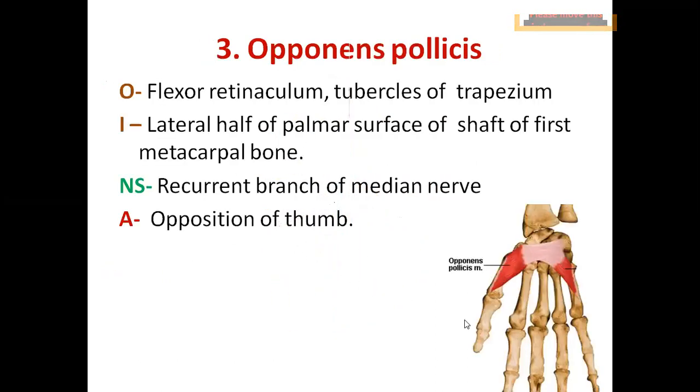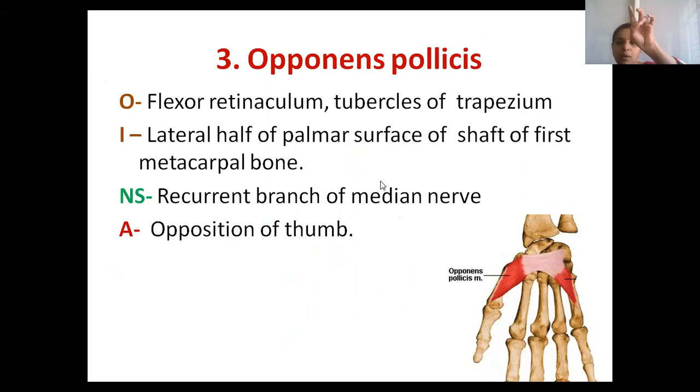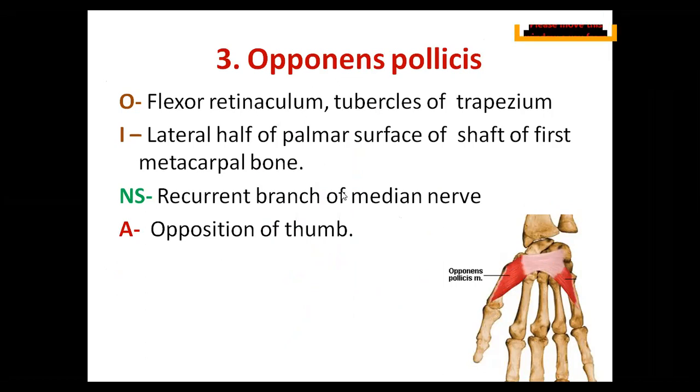Then opponens pollicis. Opposition movement I have shown you many times. Let me show again. Opposition, that means like a counting type of thing, is opposition of the thumb, which is brought about by opponens pollicis. Okay, this retinaculum between the carpal bones is the flexor retinaculum, from where it takes its origin, and also the tubercle of the trapezium.